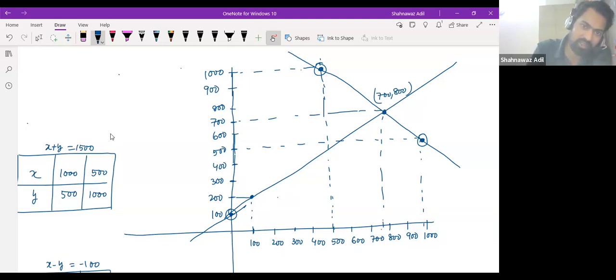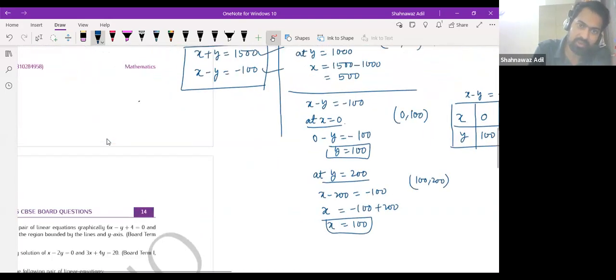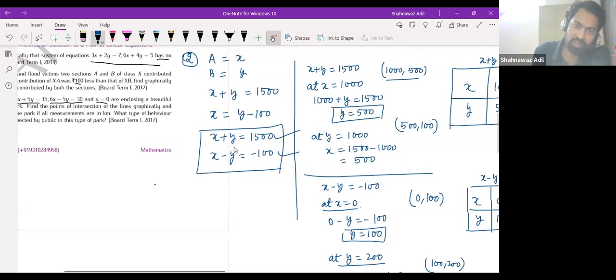How do we know that? We know that by the algebraic solution. By the algebraic solution, this would be 2x equals 1400, so x is 700, and from x plus y equals 1500, y is 1500 minus 700.